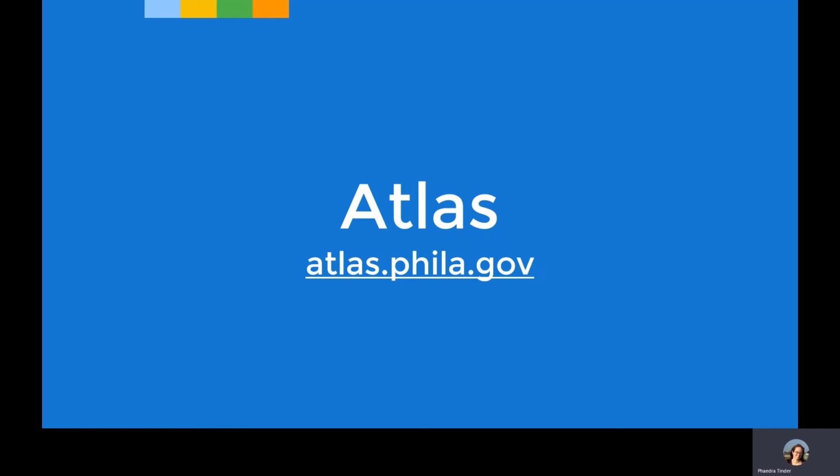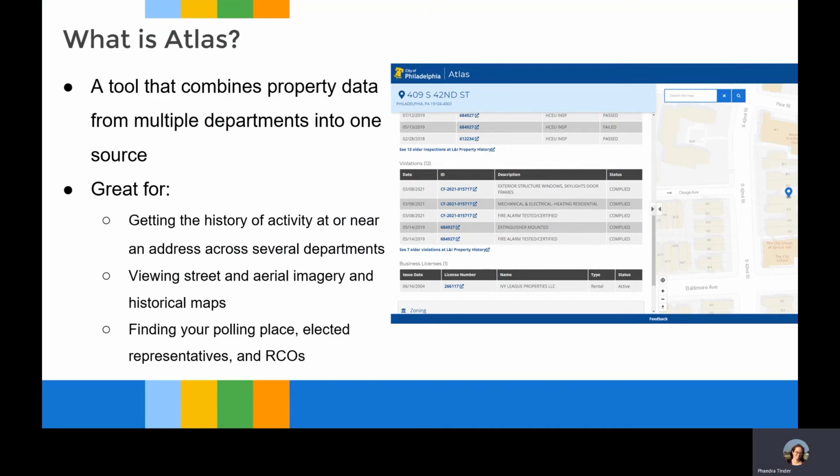Atlas in general is a very good entry point for a lot of these questions. If you're not sure where to look, Atlas is often a good place to start. For instance, it combines property data from lots of different departments into a single web application that you can search. You can search for an address and find all this information in one place.